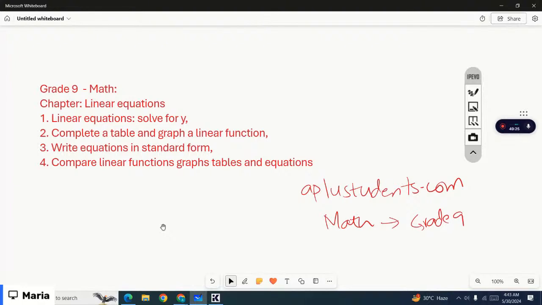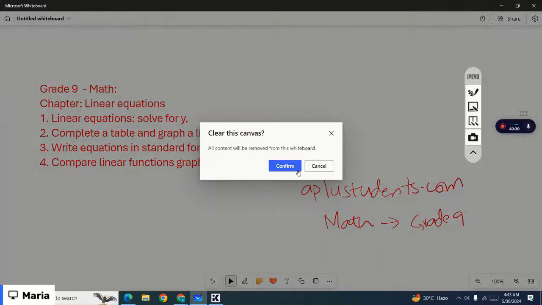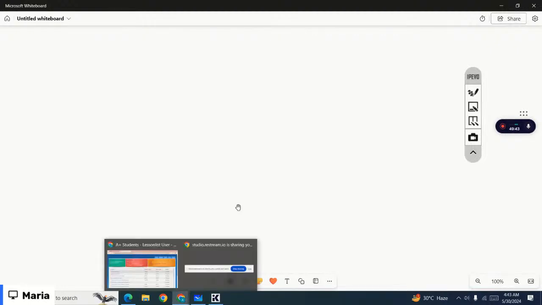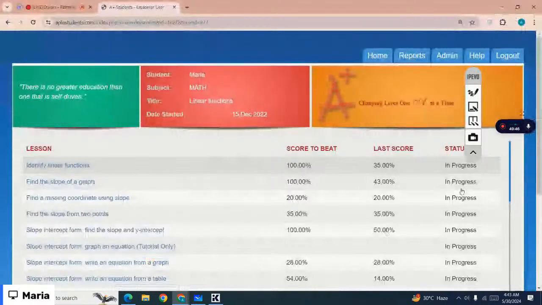The lessons we have covered today are linear equations, solve for y, complete a table and graph a linear function, write equations in standard form, compare linear functions, graphs, tables, and equations. So please make sure before the next session you can complete all the practice questions for the lessons we did today. That is your homework until next session.